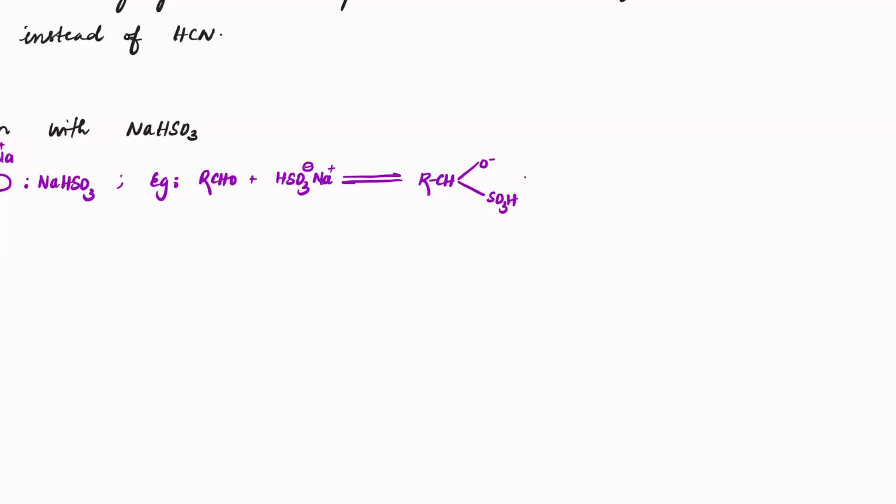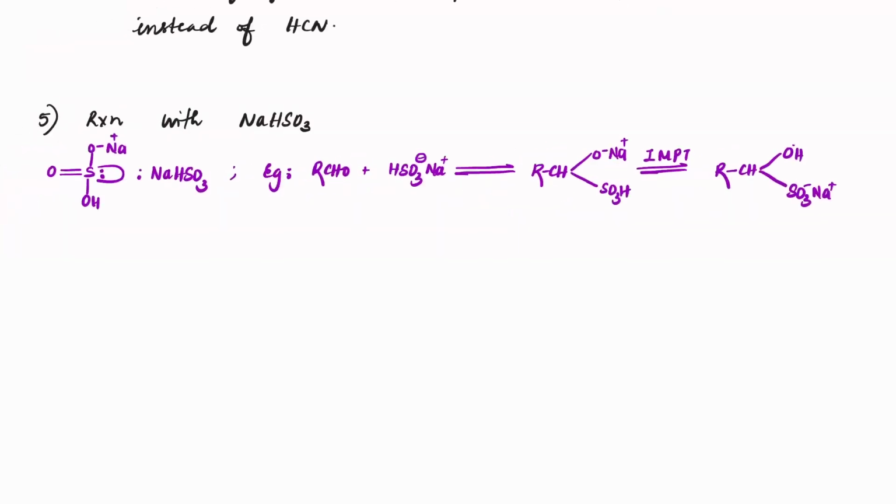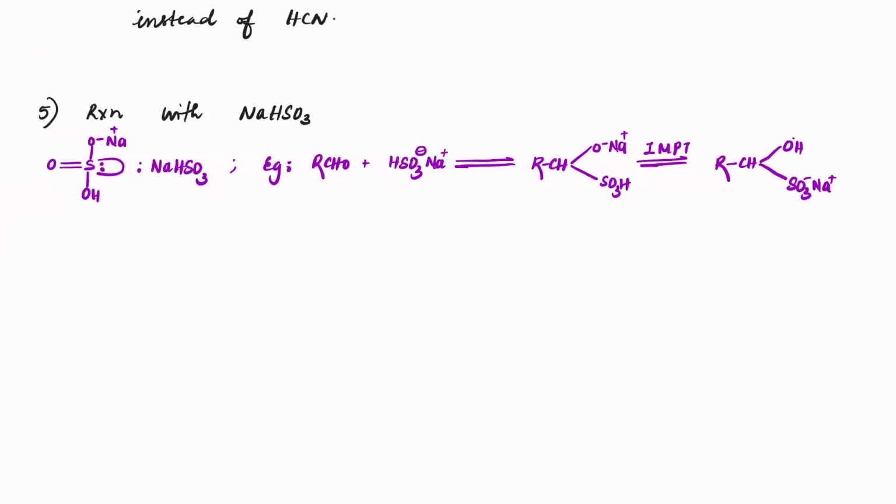Okay. Intramolecular proton transfer will take place and convert that into RCH, OH, and SO3 minus Na plus. Here also write Na plus. This is how the reaction takes place.